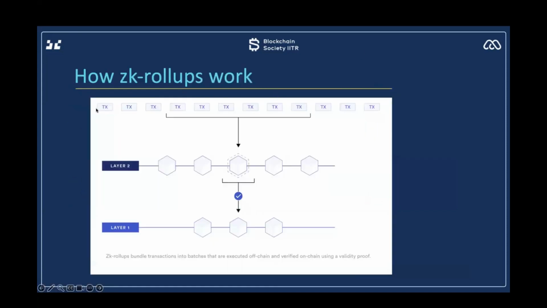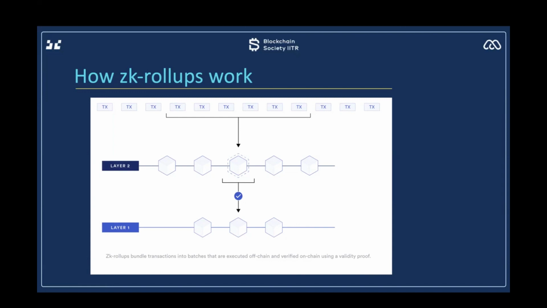So as we discussed earlier, there are multiple transactions. We bundle them up. We create a batch of transactions. Now all the transactions are batched up, and there will be a contract generating a validity proof. That proof from the layer 2 will be submitted to the layer 1, and on layer 1 there is a verifier contract.